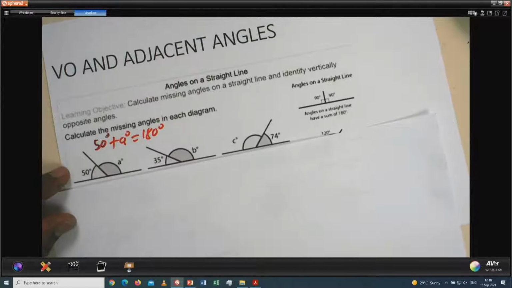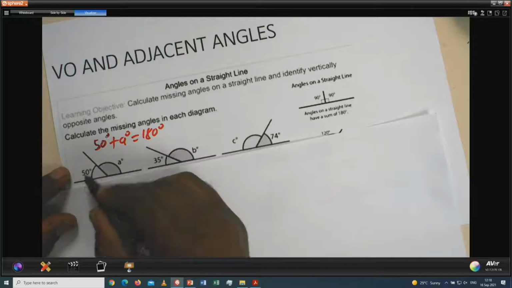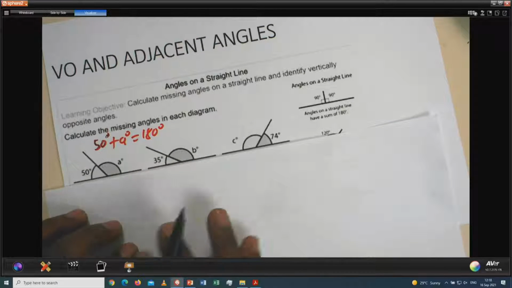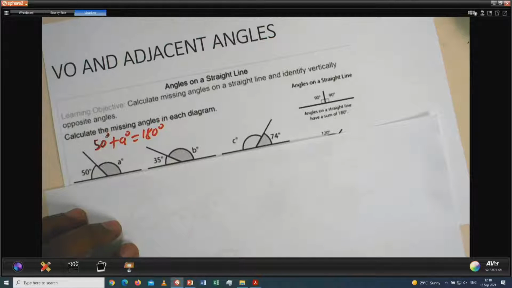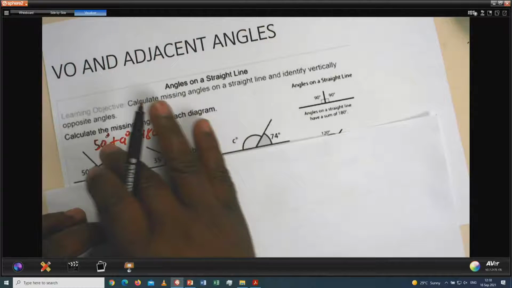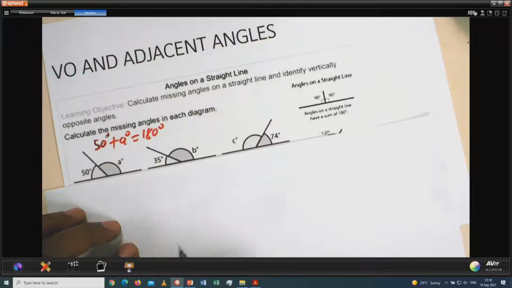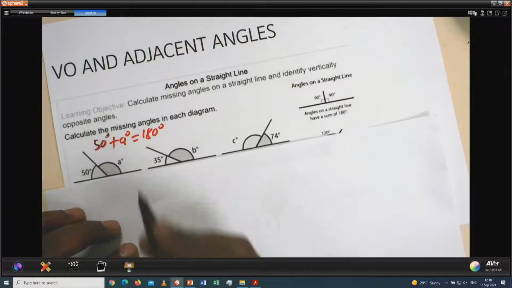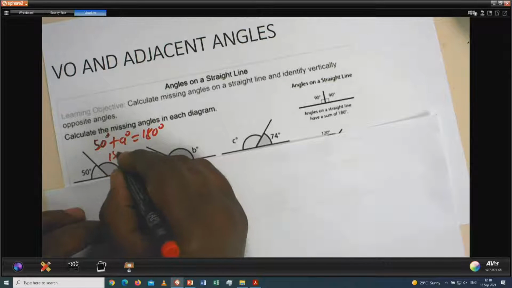Why? Angles on a straight line, when you add them, give you 180 degrees. So for the left side to be equal to the right side, what is your A there? Your A will be 150 degrees.